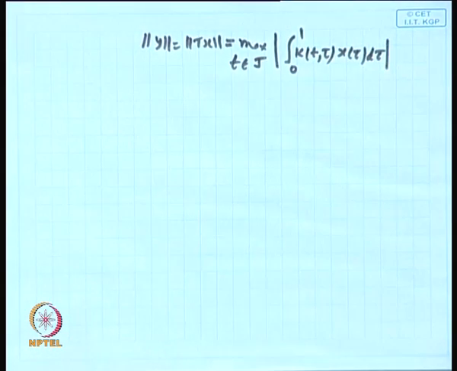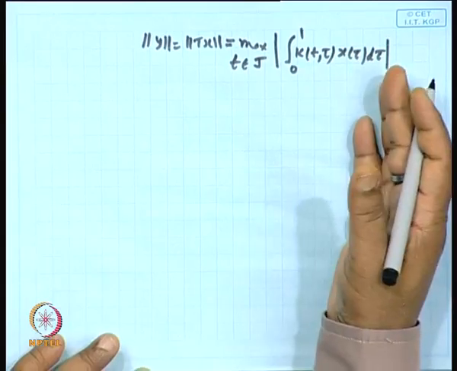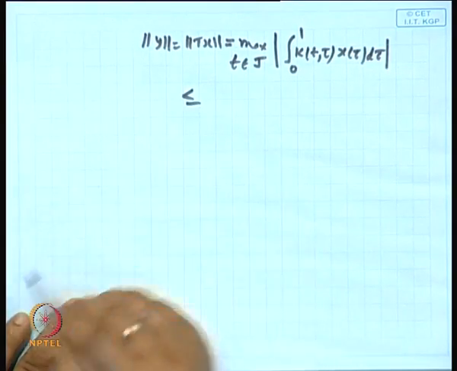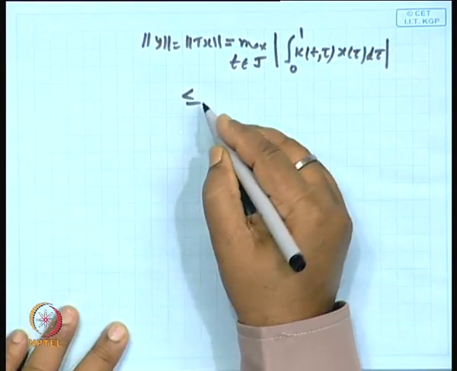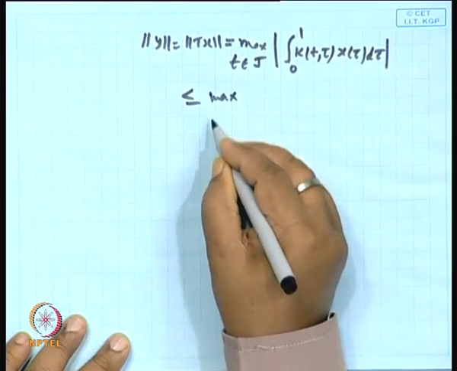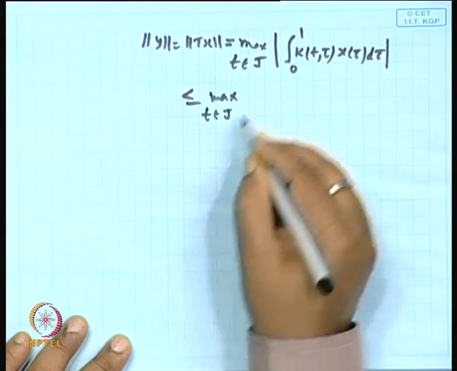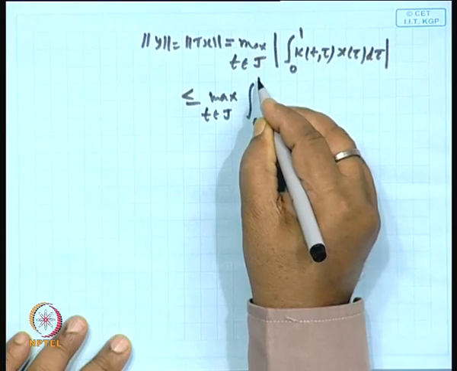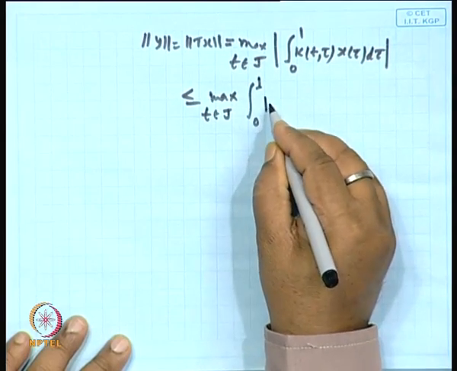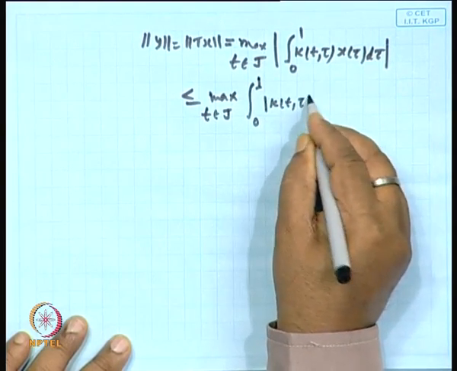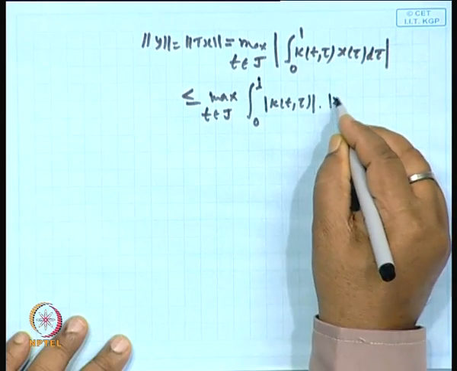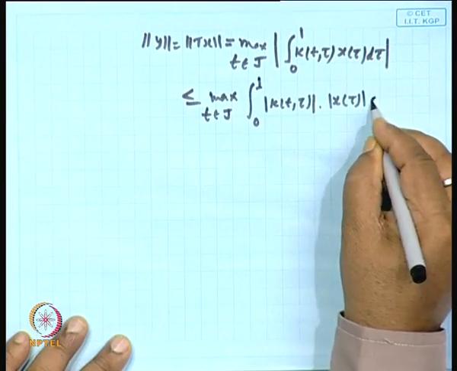Using the modulus, it will be less than or equal to the maximum over t belonging to J of the integral from 0 to 1, taking the modulus inside, of mod k(t, tau) times mod x(tau) d tau.